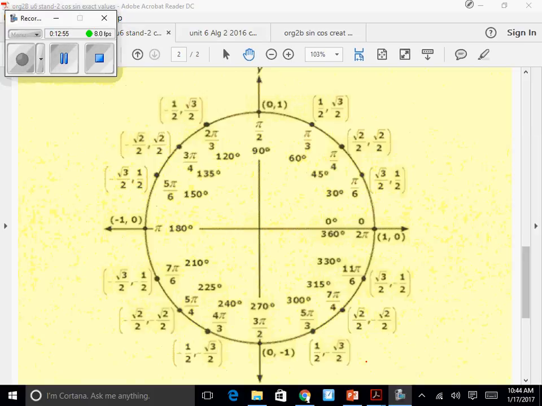Please write down cosine of 135 degrees, and write down the answer, the exact value.